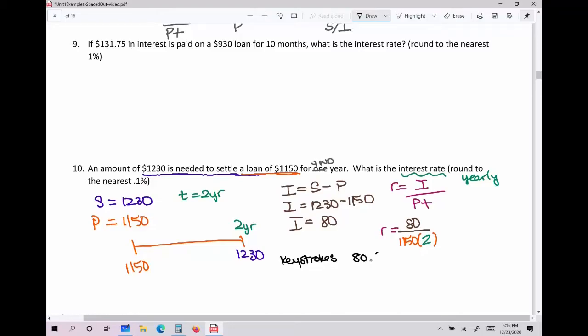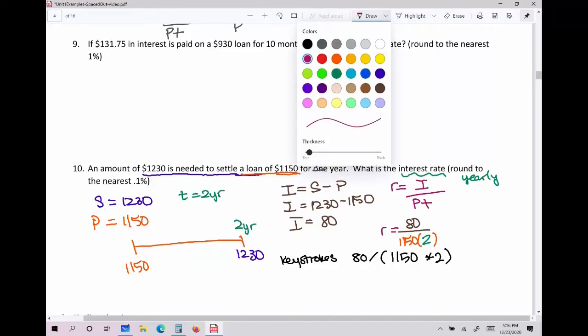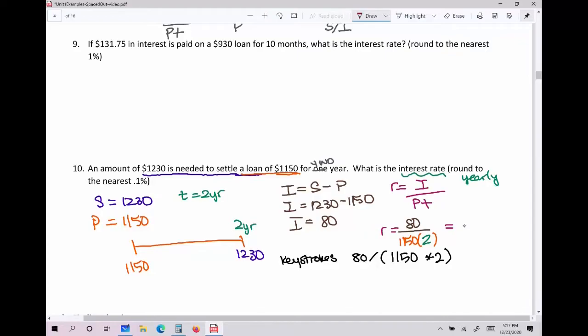So you'd have 80 divided by parenthesis 1150 times 2 and parenthesis. Again, you want to make sure that those parentheses are there, because otherwise you're going to get a whole different answer. And then for our rate, we end up getting 0.03478, and it's going to keep going, but again, we're rounding to the nearest 0.1%.